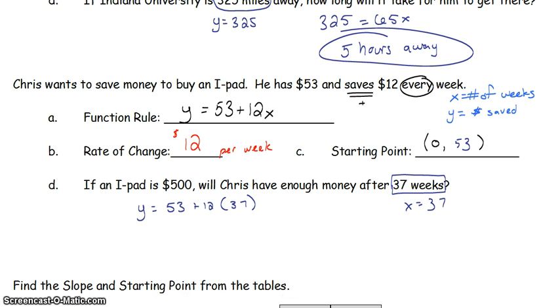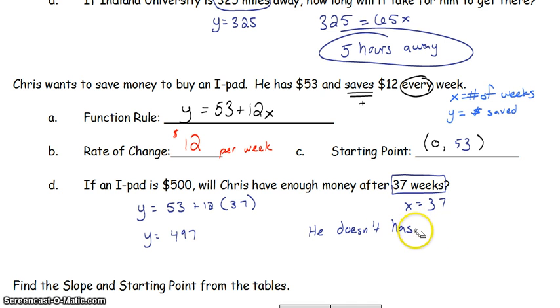I go through all of those calculations, and y is 497. That means after 37 weeks, Chris has $497, and that means he does not have enough money to buy his iPad, because he is $3 short. And no, he can't borrow it from his mom or his dad. He has to earn it all himself.